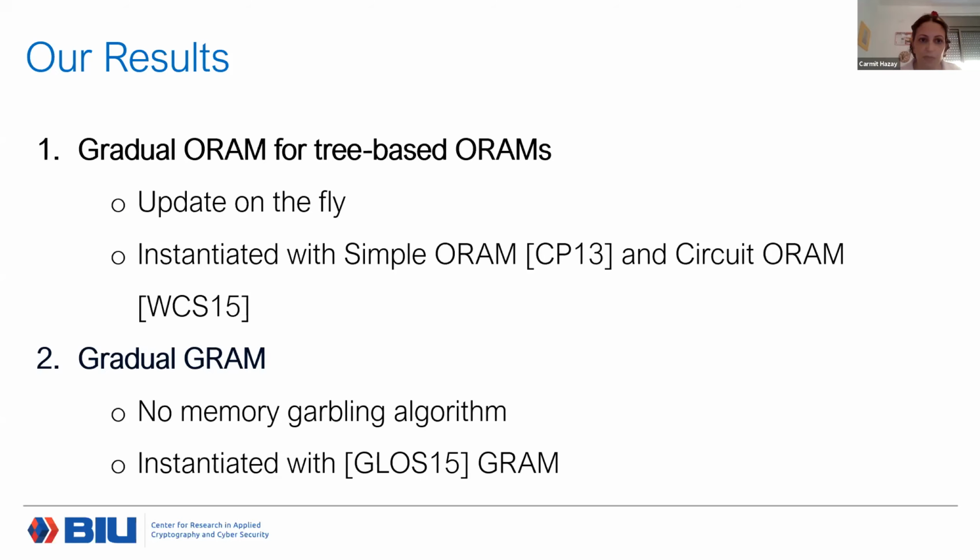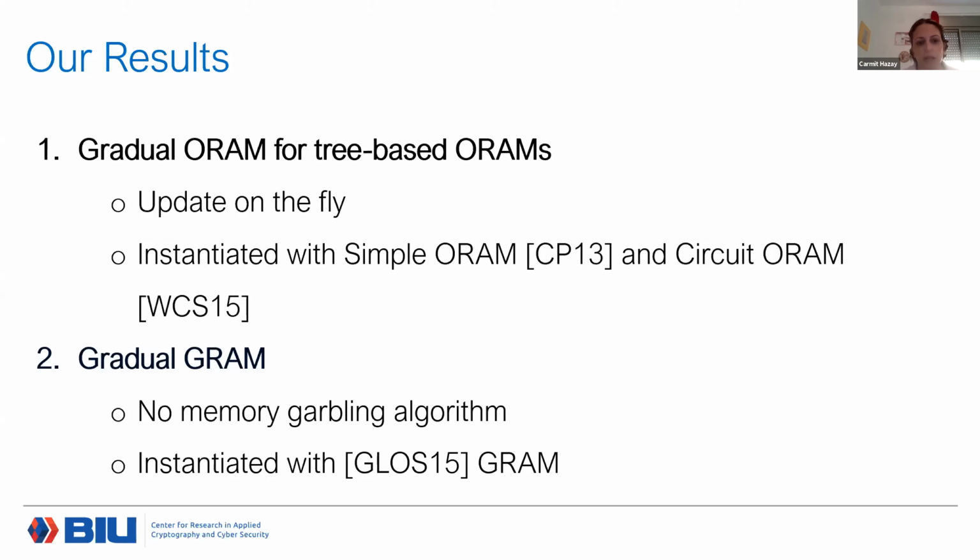So in this paper we explore the notion of gradual ORAM, which updates the memory on the fly. This concept was implicitly used in previous work. And based on this gradual ORAM, we introduce the concept of gradual GRAM, sorry, which is basically the extension of GRAM constructions, where the memory is garbled on the fly.